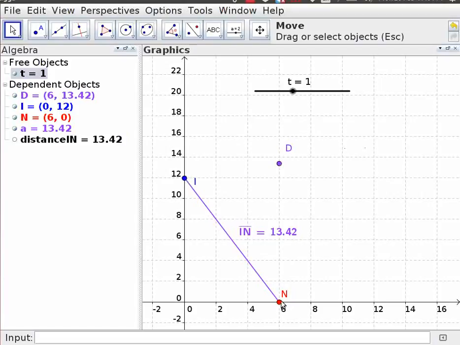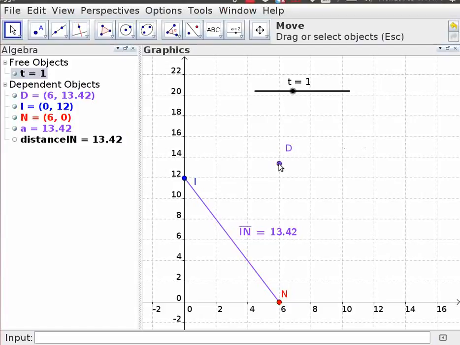Nada is traveling at 6 kilometers per hour, so in 1 hour she would have run 6 kilometers. Ian's remaining distance from the origin is 12, Nada's new distance from the origin is 6, and if we apply the Pythagorean theorem to that, we end up with approximately 13.42.